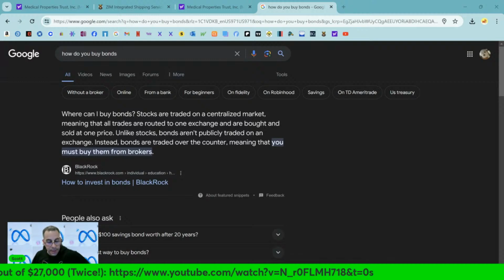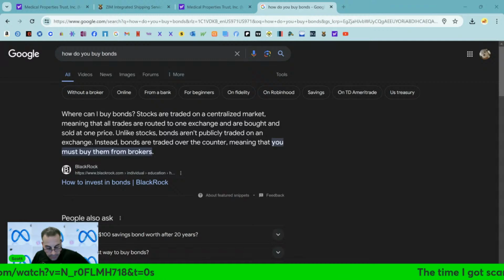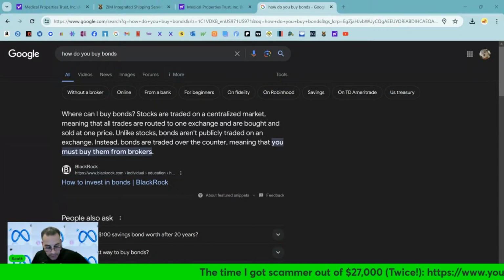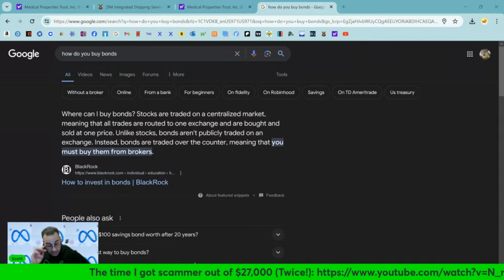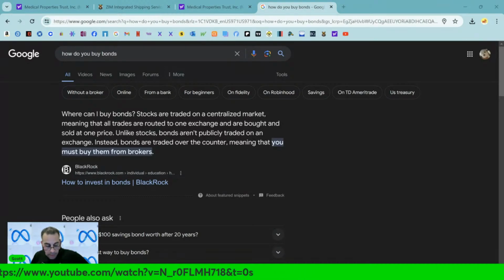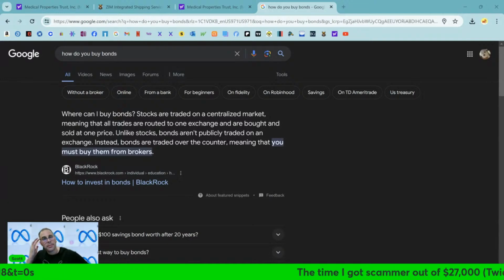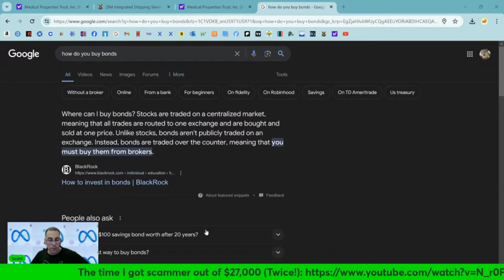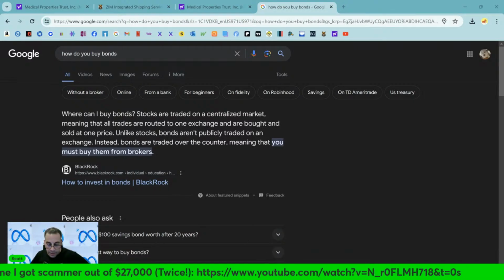I'm in my E-Trade account. You can't see it, but warrants are long dated options, but you have to buy them directly from the company. You can't buy warrants in the open market. I've never owned a warrant before.